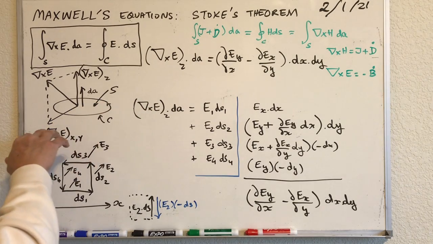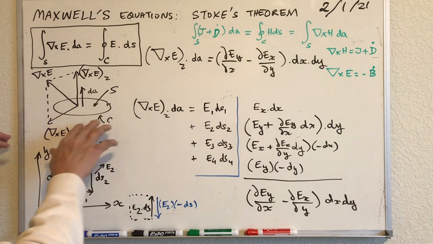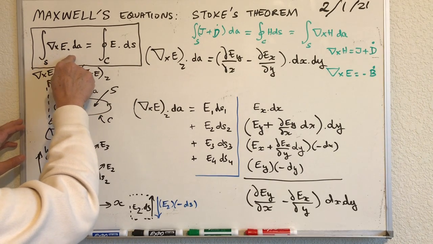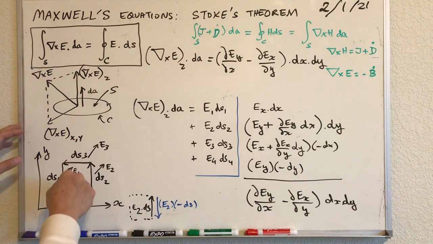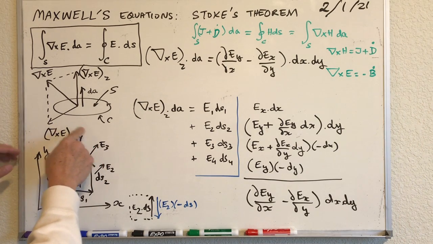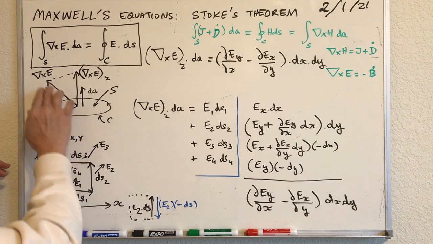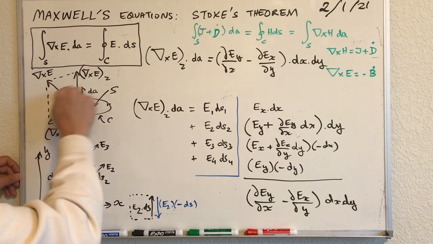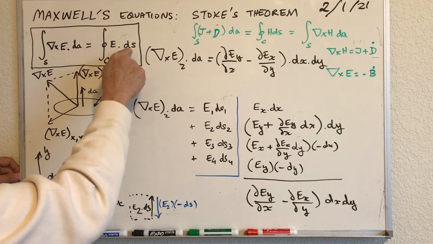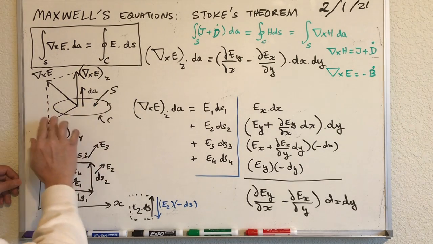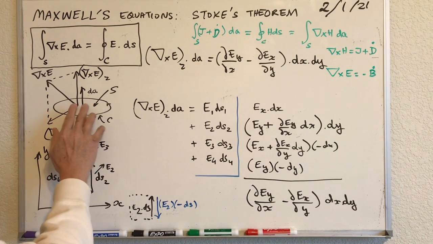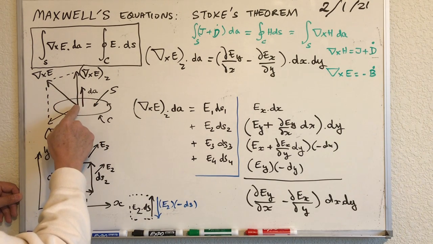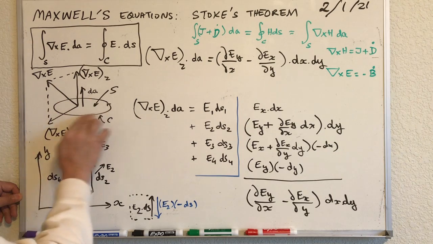And of course, when we talk about a scalar multiplication of two vectors like this and this, the only thing that matters is the components of that vector, be it del cross E or E dot ds. The only component we would be interested in is the component that is parallel to the normal to the surface.